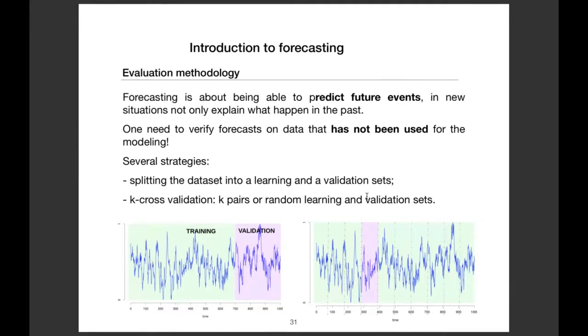You do it like that the first time, and then the second time you take another 9 parts randomly, etc. You can do this 10 times, and so you will have 10 pairs of random learning and validation sets. The K-cross validation is quite nice because with the same data set, you will generate many more validation sets than the first one. But each methodology has its own pros and cons.